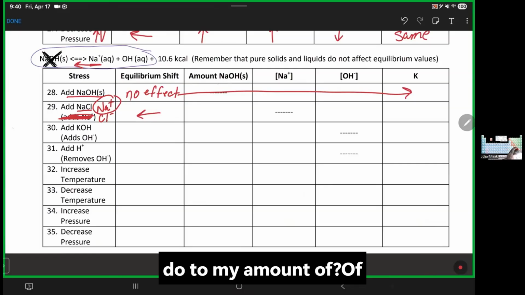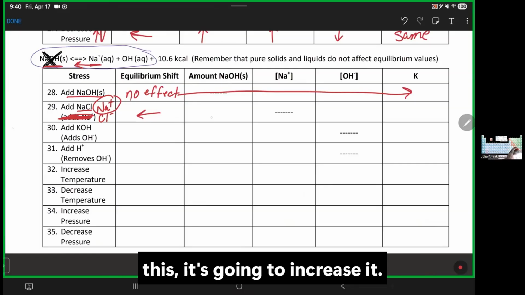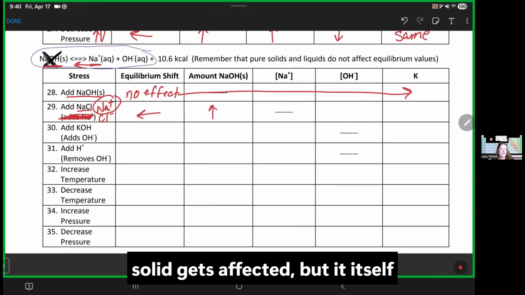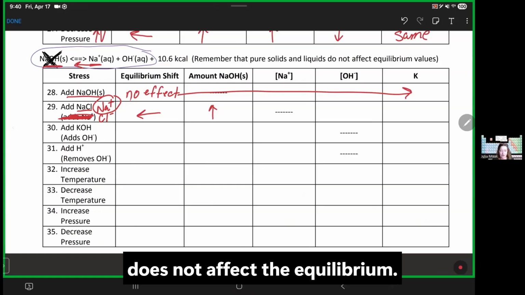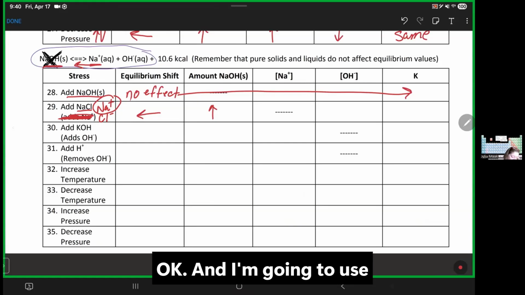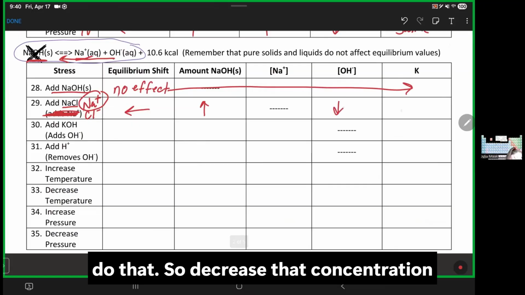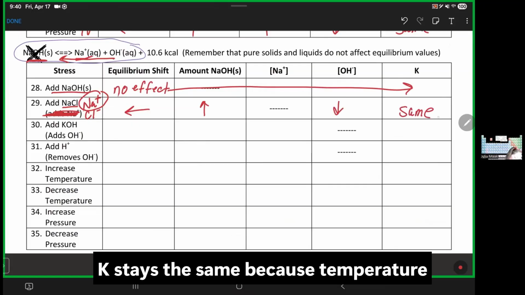What is that going to do to my amount of sodium of this? It's going to increase it. Okay, so remember, the solid gets affected, but it itself does not affect the equilibrium. Okay, and I'm going to use up some of my hydroxide to do that, so decrease that concentration. K stays the same because temperature was not involved.